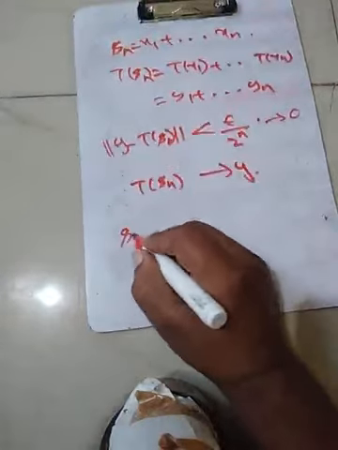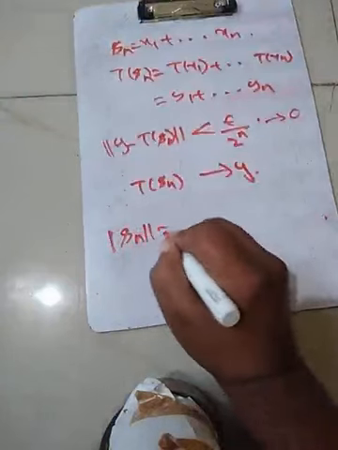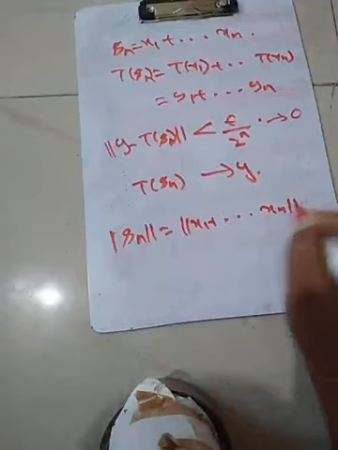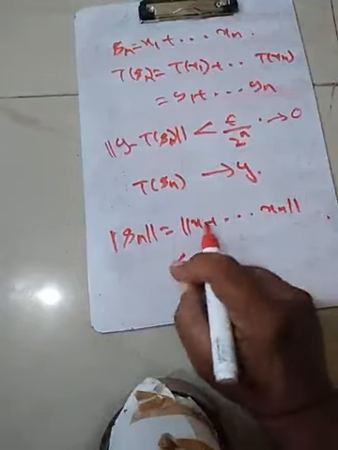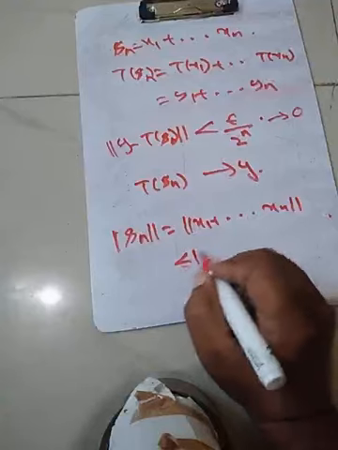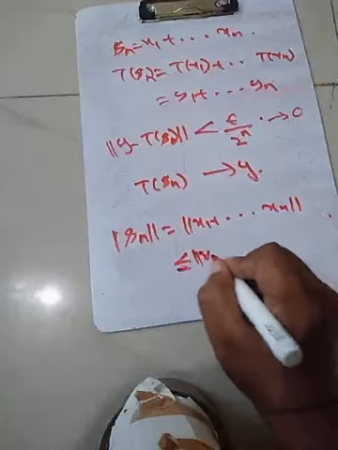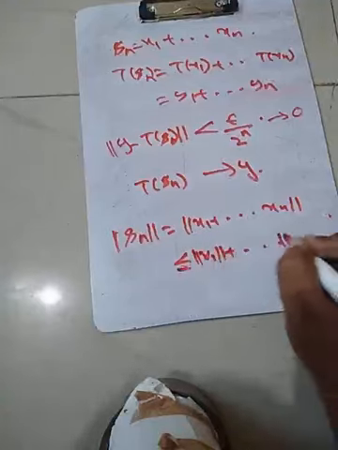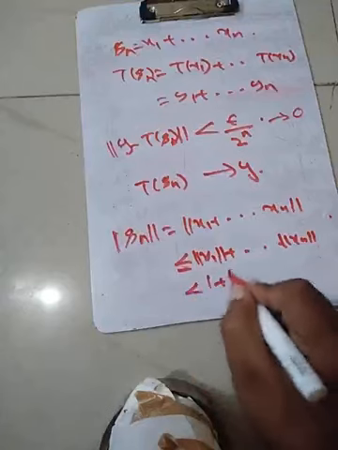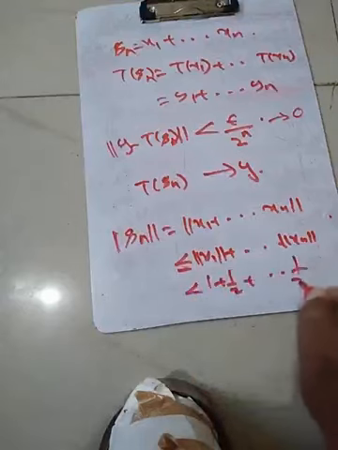So if you consider the norm of Sn, it is nothing but the norm of x1 plus up to xn. That is less than or equal, by the triangle inequality, to norm x1 plus up to norm xn. So this is strictly less than 1 plus half plus up to 1 upon 2 raised to n minus 1.